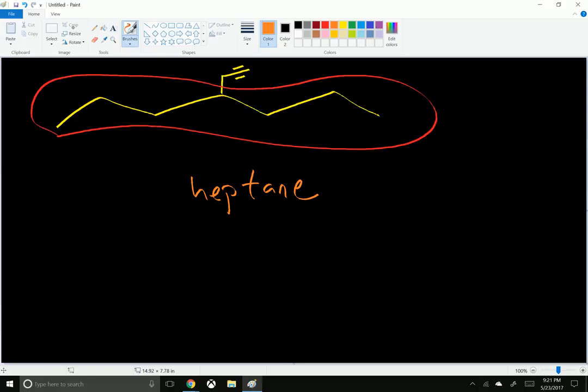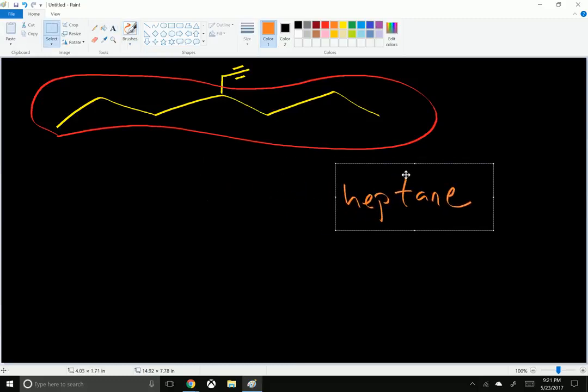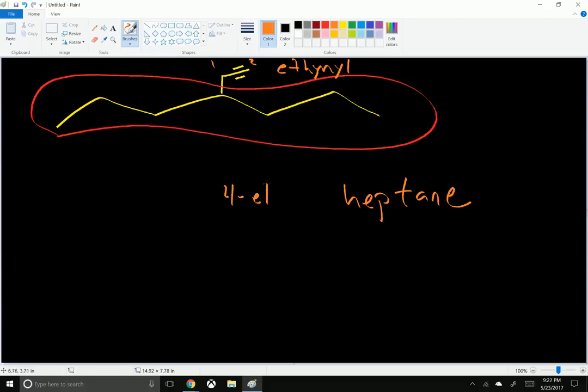What matters now is to find the name of the side chain. And that side chain has 2 carbons, so it is an ethynyl. Okay. So this is 4-ethynylheptane.